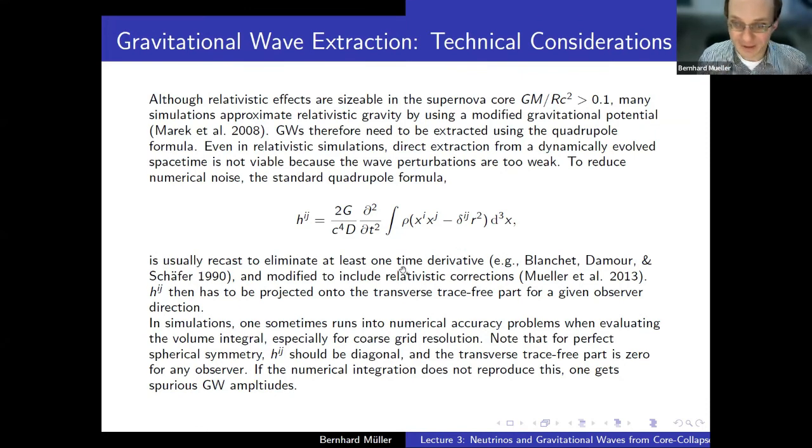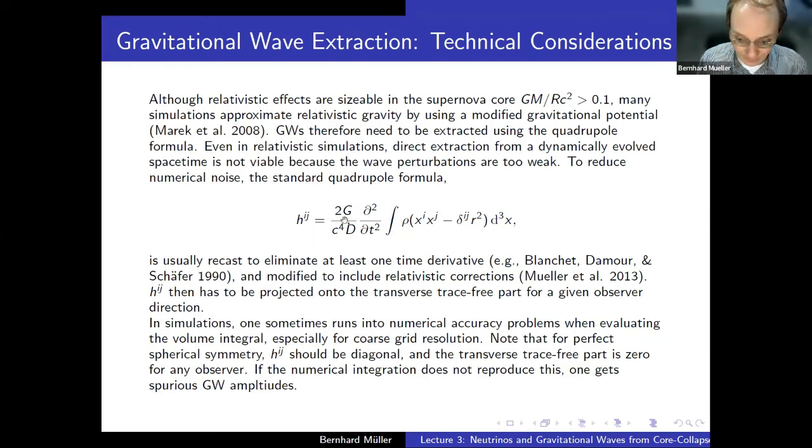So one challenge in extracting gravitational wave signals from simulations is that, on the one hand, many of the supernova simulations aren't really evolving the metric of space-time. And even if you do, the problem is that the wave degrees of freedom are so weak that you are better off post-processing your simulations by using the quadrupole formula, possibly with modifications for relativistic effects.